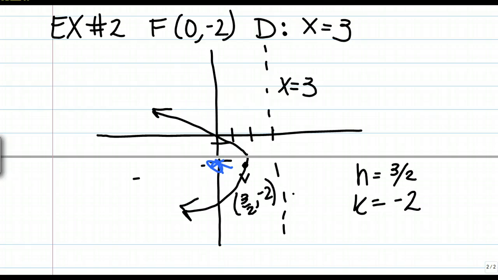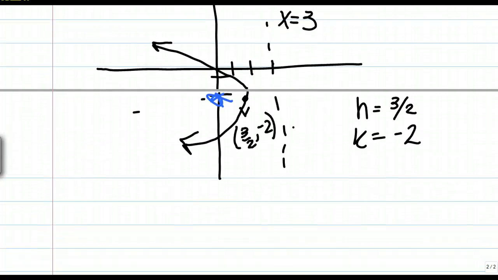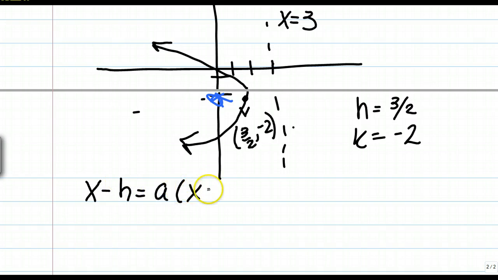So we're going to plug that into our formula. And we know that we're looking at this formula because it's a left to right parabola. In this case, it's a left one for sure.